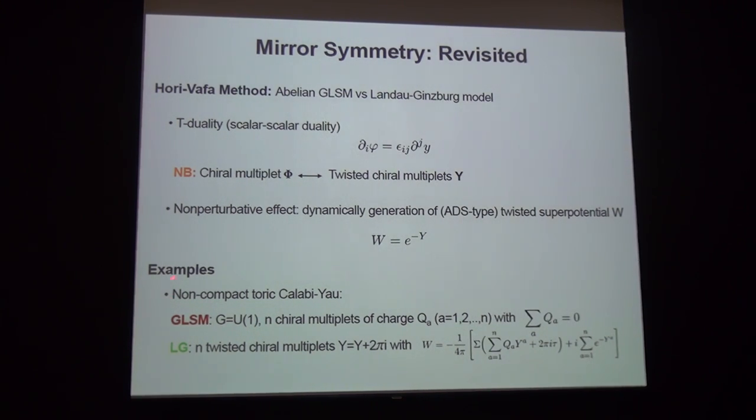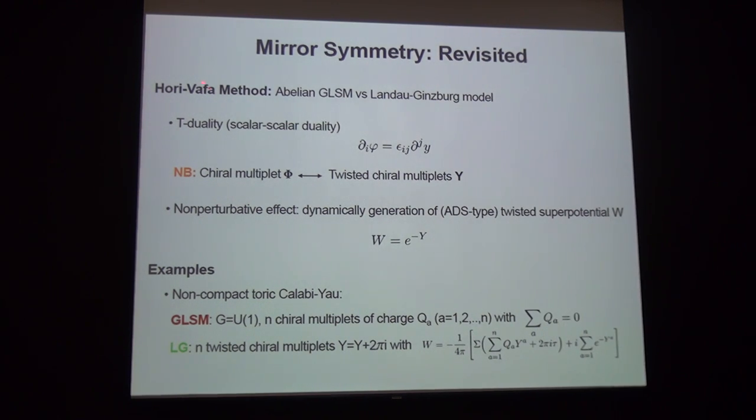So let me consider the simplest example, which is the U(1) gauge theory that involves n chiral multiplets whose electric charges Q_A satisfy this anomaly cancellation condition. This abelian gauged linear sigma model will flow in the infrared to the non-linear sigma model whose target space is a non-compact Calabi-Yau manifold.